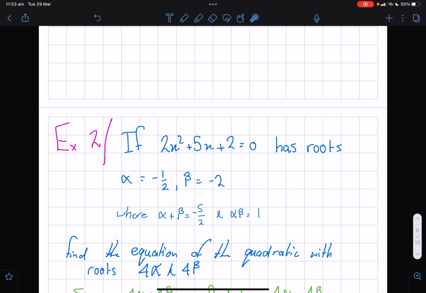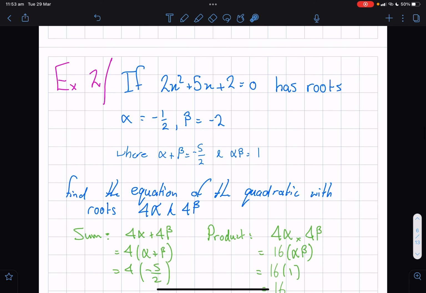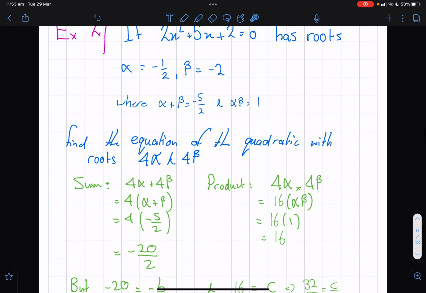All right. So what we need is the sum and the product of the new roots. That way we can use our formula from the start of this video to find the coefficients for our quadratic, okay? So I've done them either side, okay?